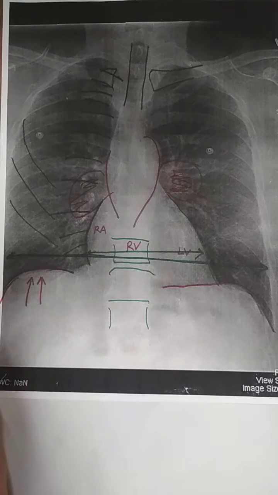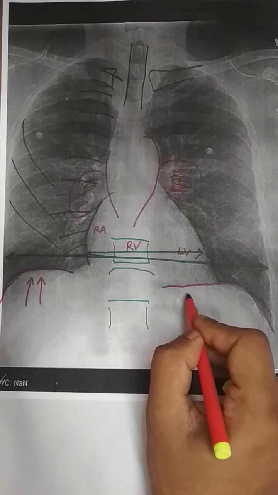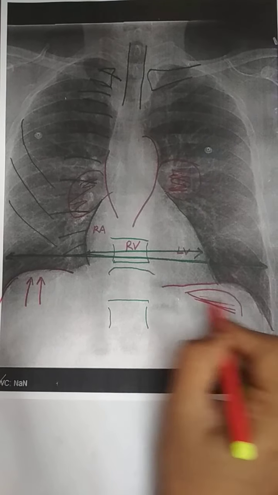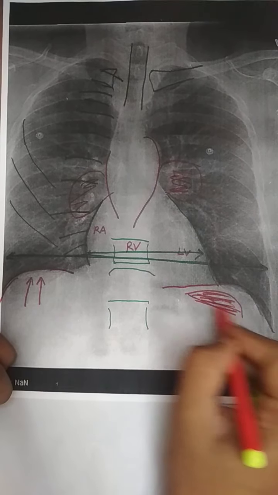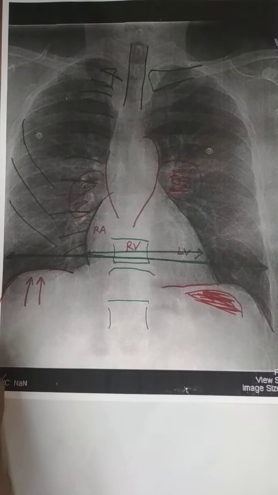That's normal. And sometimes below the left side you will get an air shadow. This is the gastric air shadow. Okay. So this is all about D.